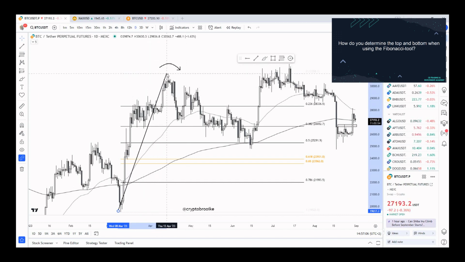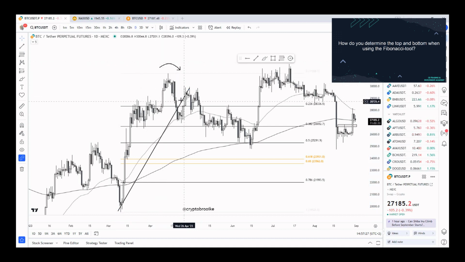So then you use this one. And you also don't use this one because this high is higher. So make sure you use the highest high in that price range or in that period and the lowest low. So hope that helps a little with trying out Fibonacci's.